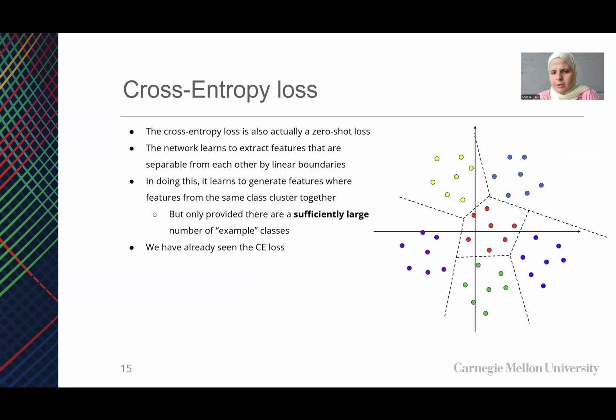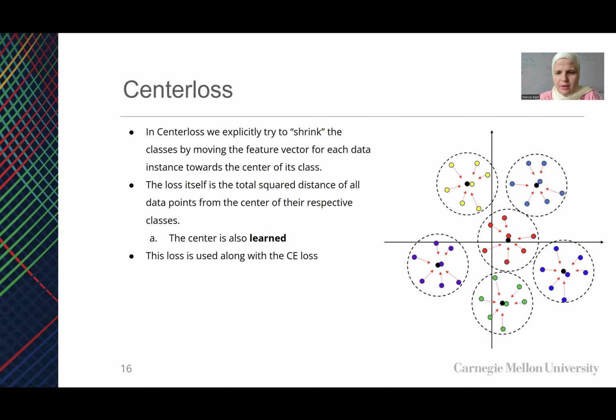So this condition is satisfied if we have a large number of classes. We have already seen the cross entropy loss, and now the first loss from the zero shot family is the center loss.